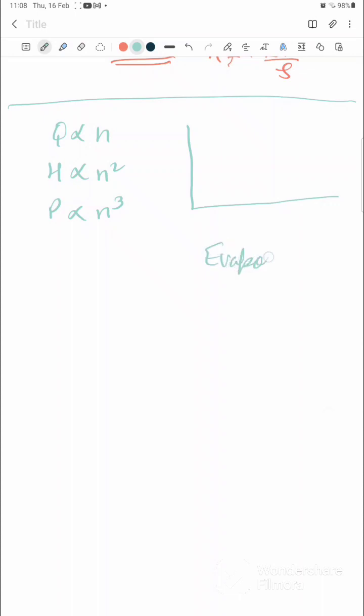Evaporation and boiling of liquid, so curve is like this.